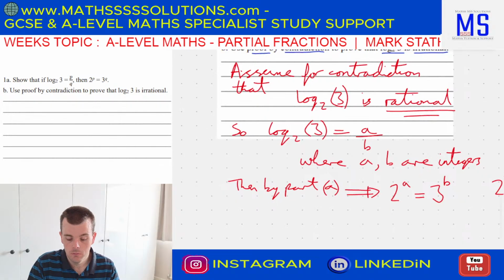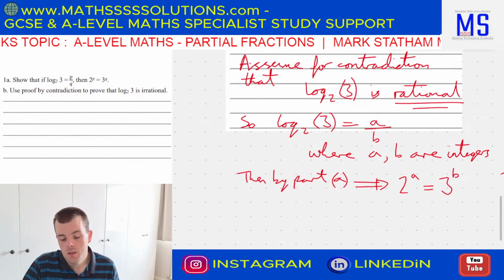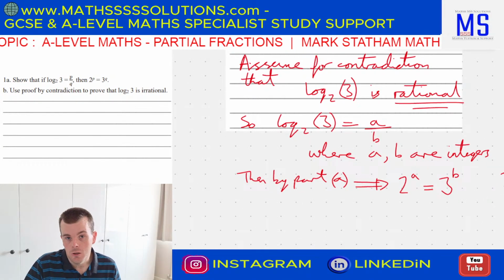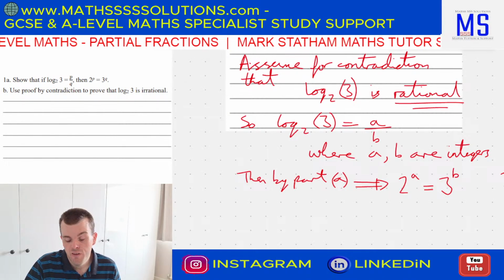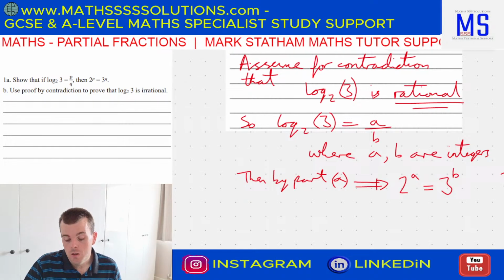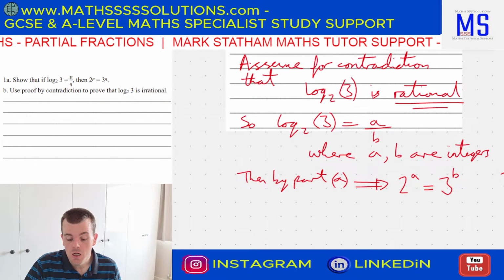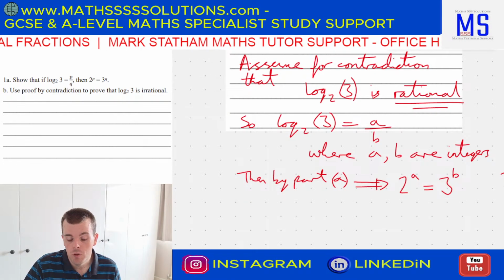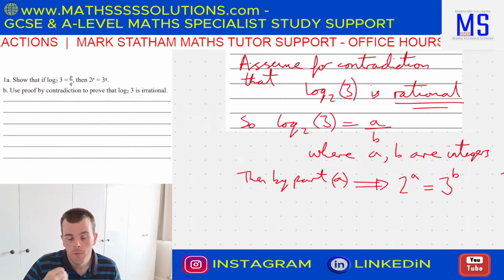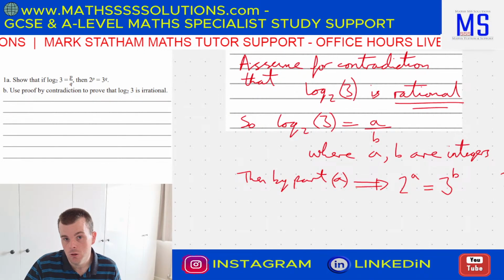Now, this is an obvious contradiction if you know about the fundamental theorem of arithmetic, which you've done at GCSE, and it says every integer can be written as a product of prime factors.